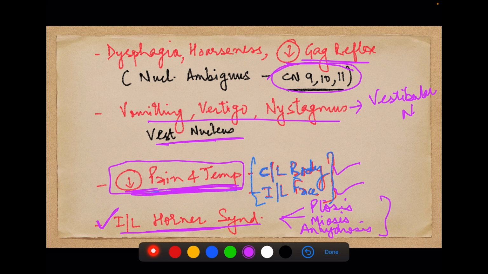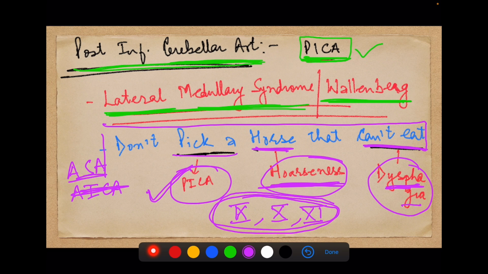So a person who presents to the emergency with dysphagia, hoarseness, reduced gag reflex, vomiting, vertigo, nystagmus, loss of pain and temperature in the contralateral side of the body, but on the same side of the face, and there is ptosis, miosis, and anhidrosis on the same side of the face, then you should suspect that that person is suffering from PICA, posterior inferior cerebellar artery lesion, or lateral medullary syndrome, or Wallenberg syndrome.